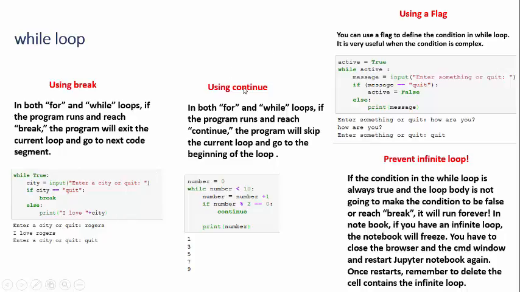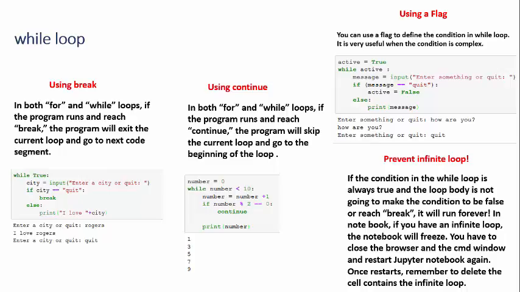Another similar statement is continue. Continue can be used for both for and while loops. If the program reaches the continue, it skips the current iteration and goes to the beginning of the loop to run it again. So continue does not exit the entire loop.